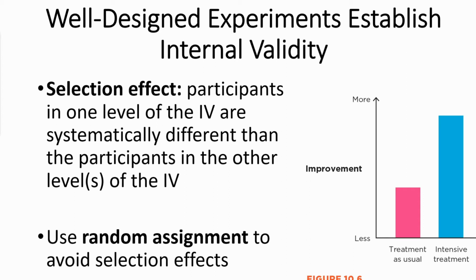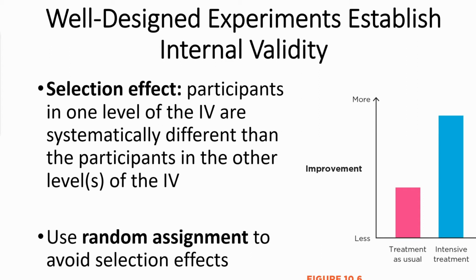Families in the intensive treatment group were probably systematically different from those in the normal treatment group, because these were the parents that were willing to drive long periods of time, willing to travel a lot, and willing to show up a lot more often for these treatments.